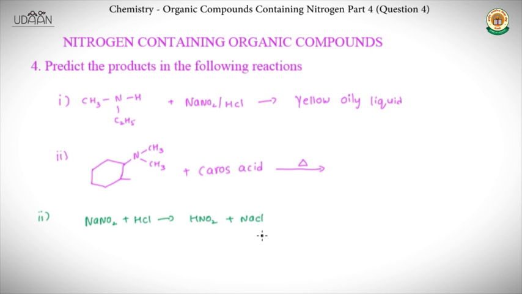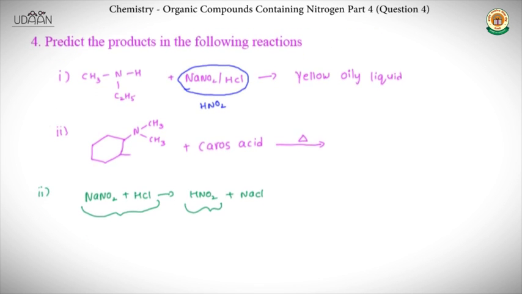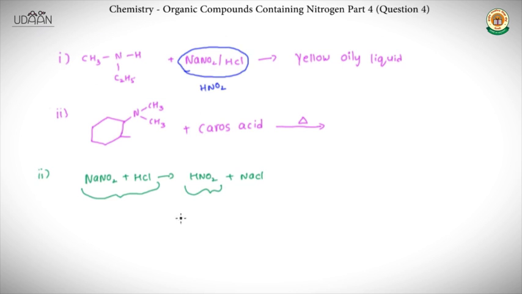That is, either you add NaNO2 in the presence of HCl to the mixture or HNO2 to the mixture, the products which are obtained would be the same. So this question would be the same if you have given HNO2 instead of NaNO2 in the presence of HCl. So the question can be asked in that way also. Now let us see what happens to it.